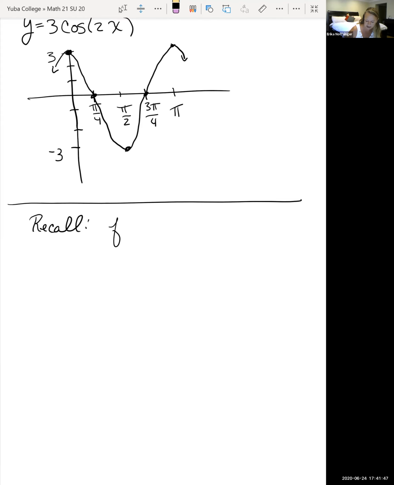So recall, if you have some function f of x and you add a constant to that, or you subtract a constant to that, this shifts the graph.